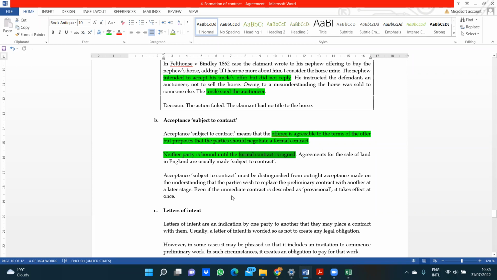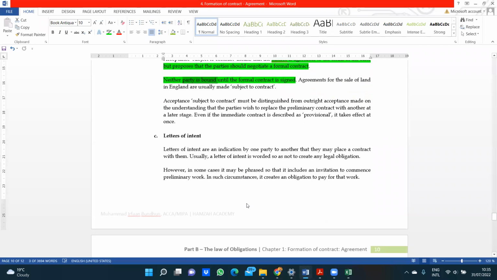Even if the immediate contract is described as provisional, it takes effect once they have agreed on the same. But the parties are not bound until a formal contract is signed. So this is acceptance subject to contract.